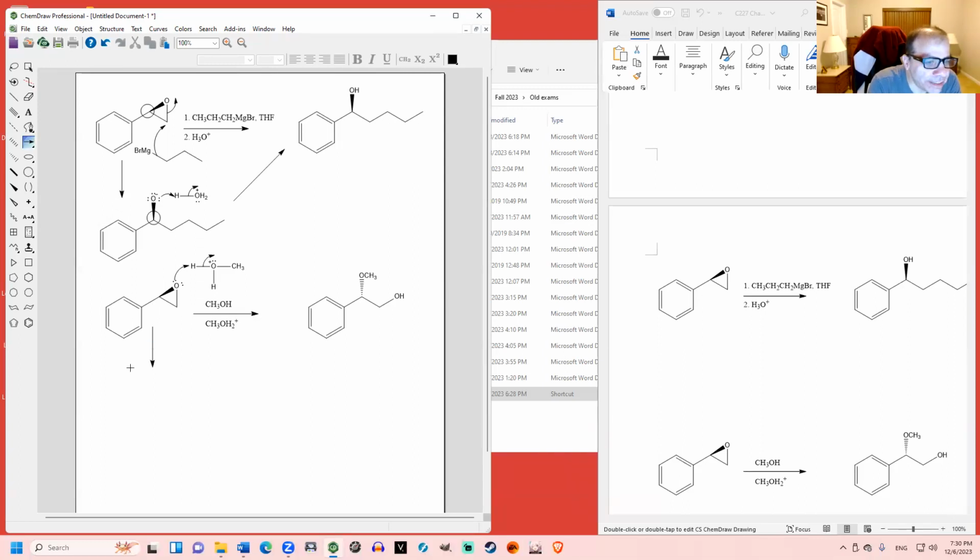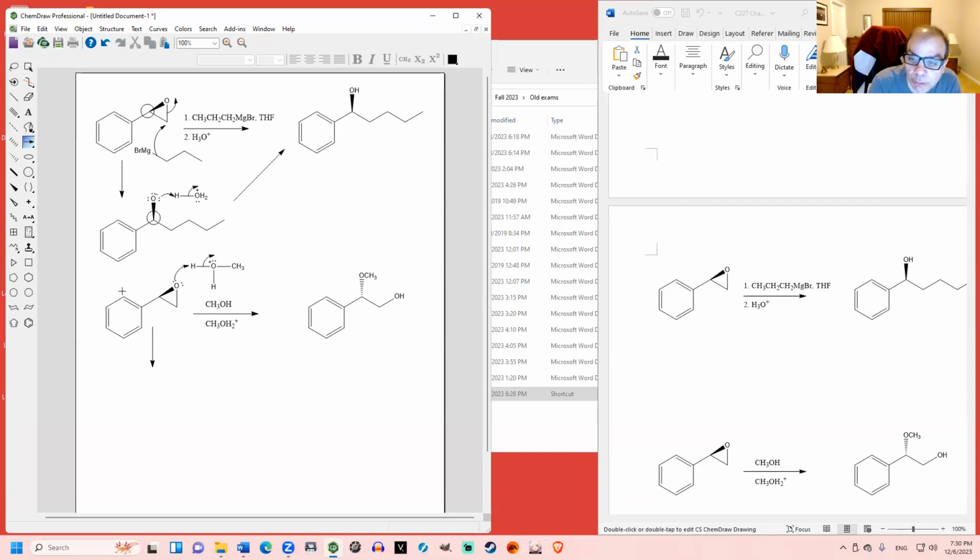A question I get a lot during exams is if it's okay to use the structure that you're given without redrawing it fully. And the answer is, if you can show the mechanism clearly, then certainly you can. All I needed to do was add the lone pairs on oxygen.